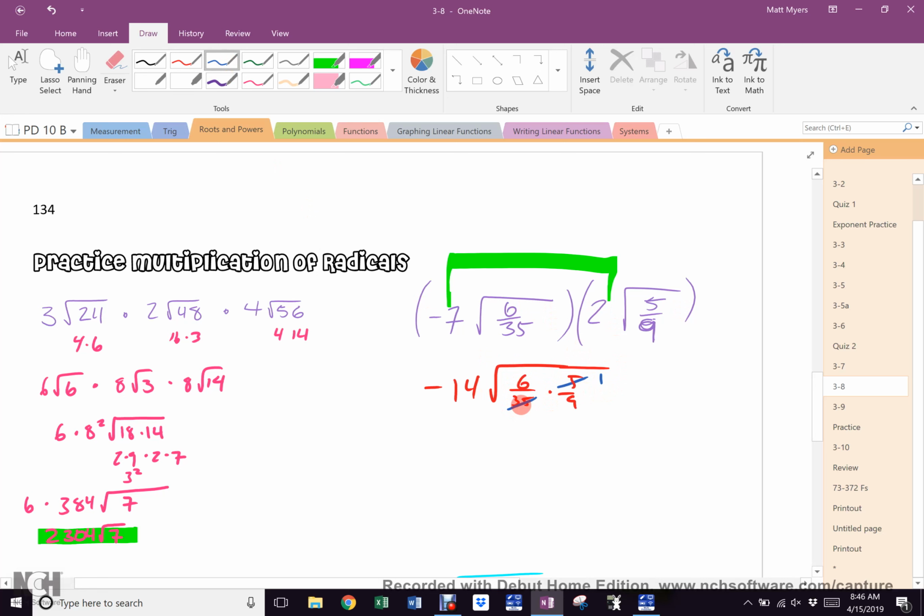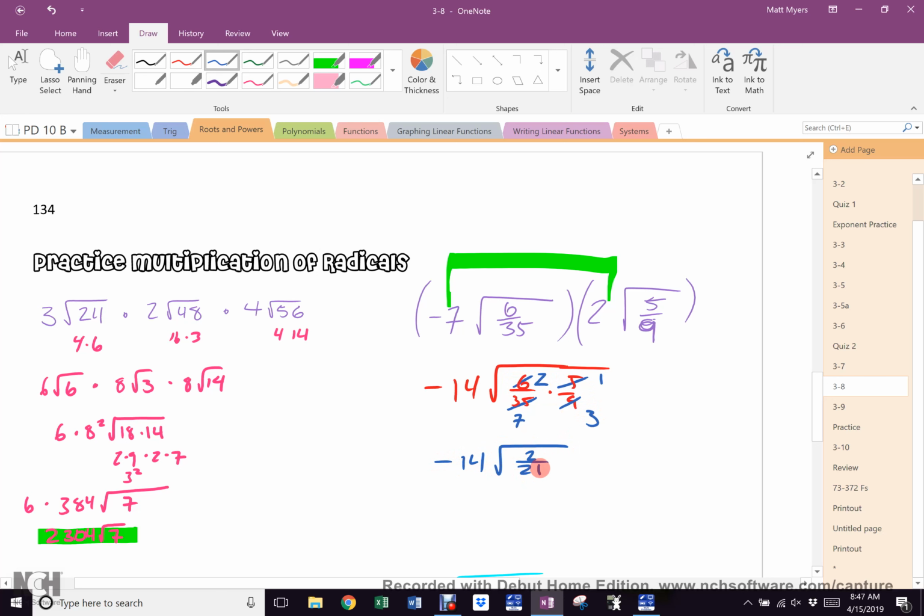How many 5s fit into 35? 7. Anything work with 6 and 9? 3. How many 3s fit into 6? 2. How many 3s fit into 9? 3. What's 2 times 1? What's 7 times 3? So I got negative 14 root, what?